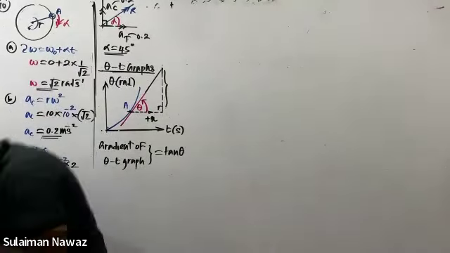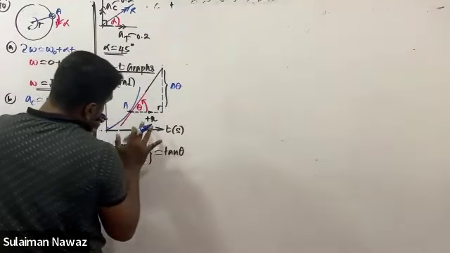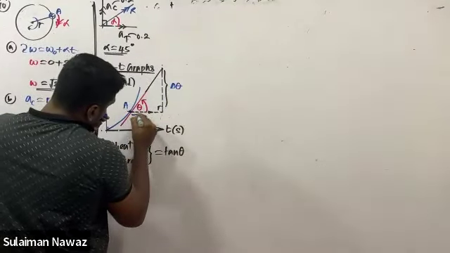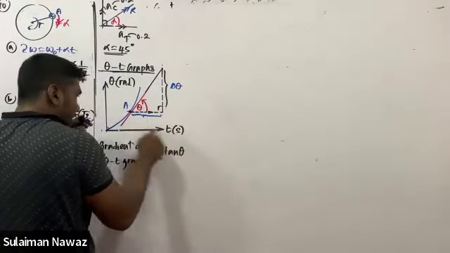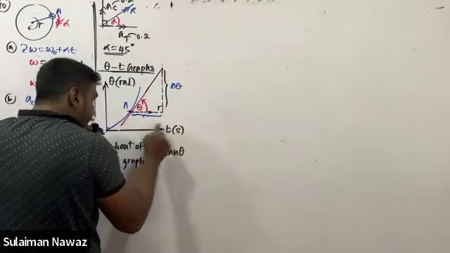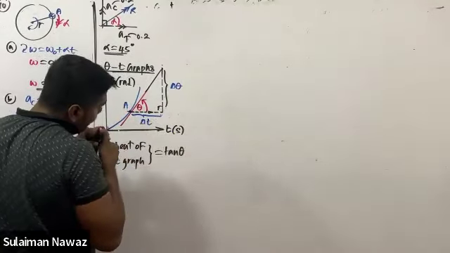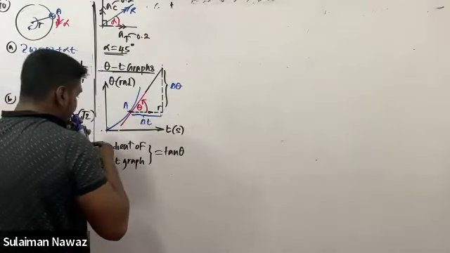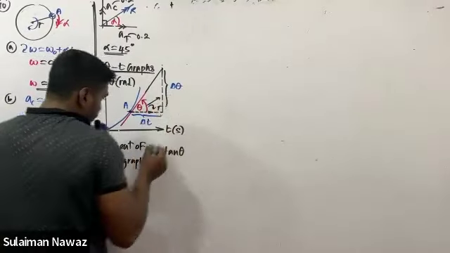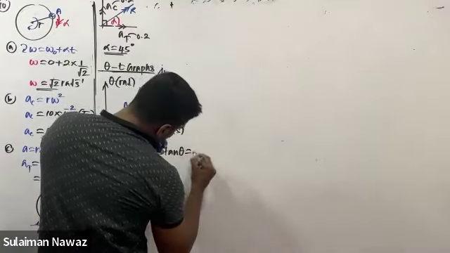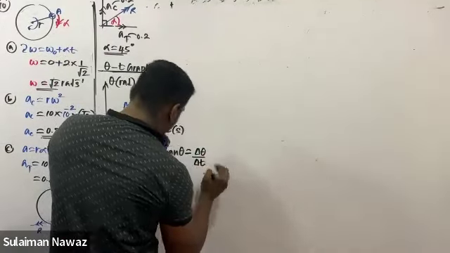Then what is this? This is the change in the x-axis, that means change in time, delta t. Then tan theta means opposite over adjacent; opposite is delta theta, adjacent is delta t. So tan theta equals delta theta over delta t.